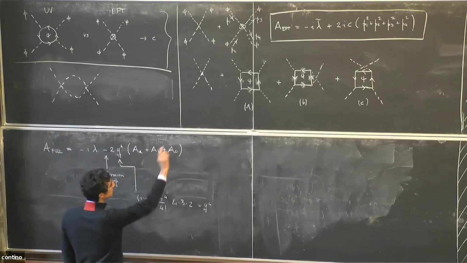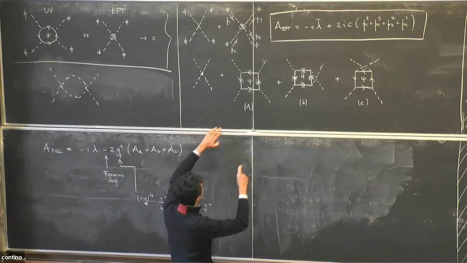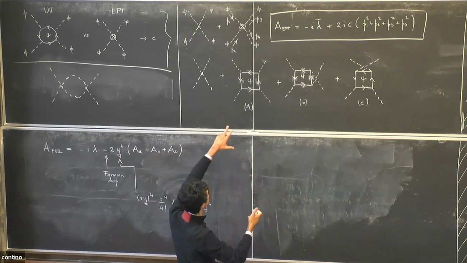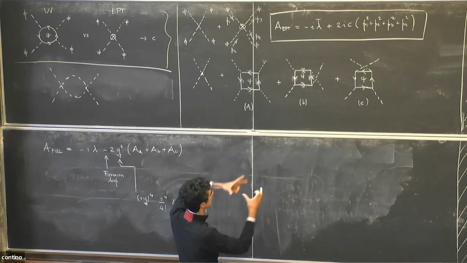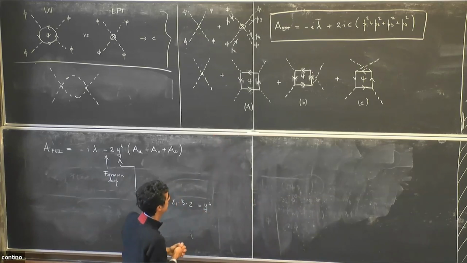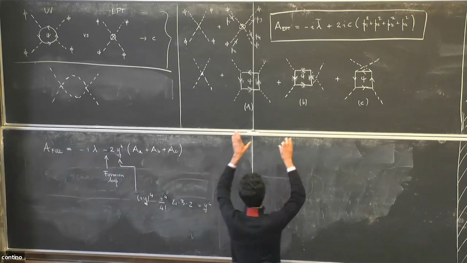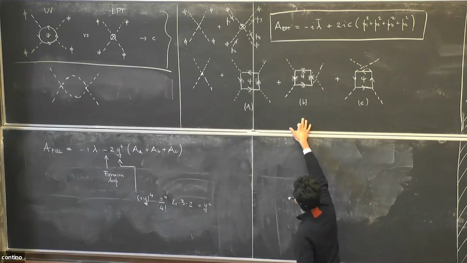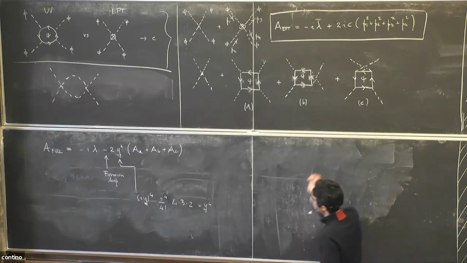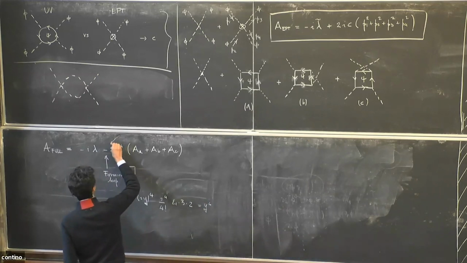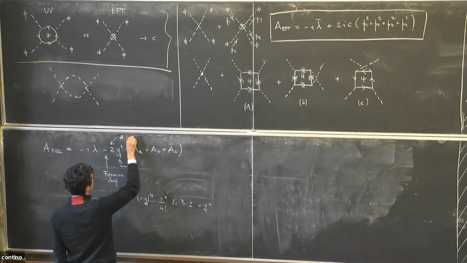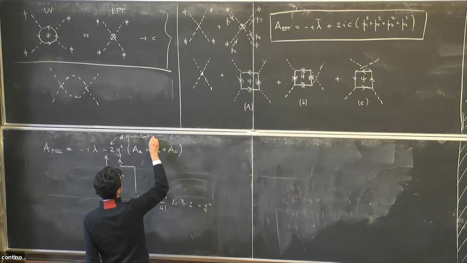And then, once you have attached the external legs to the vertices, you have 6 possibilities to attach the vertices together to form a connected diagram, and they are the same in pairs. So there are 2 topologies equivalent to A, 2 topologies equivalent to B, and 2 equivalent to C. So this factor 2 comes from the multiplicity of topologies, of equivalent contractions.